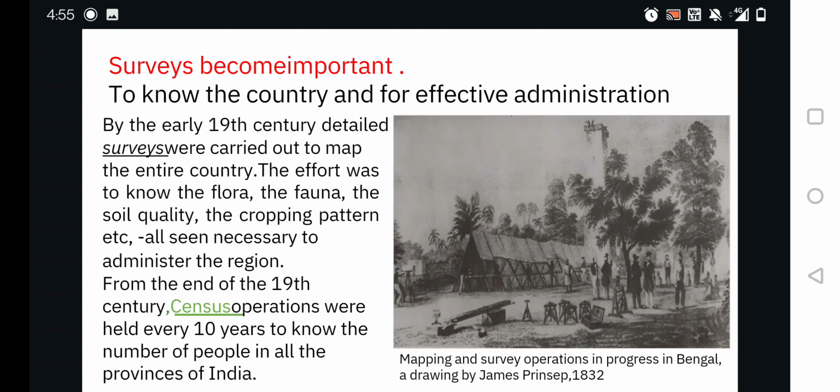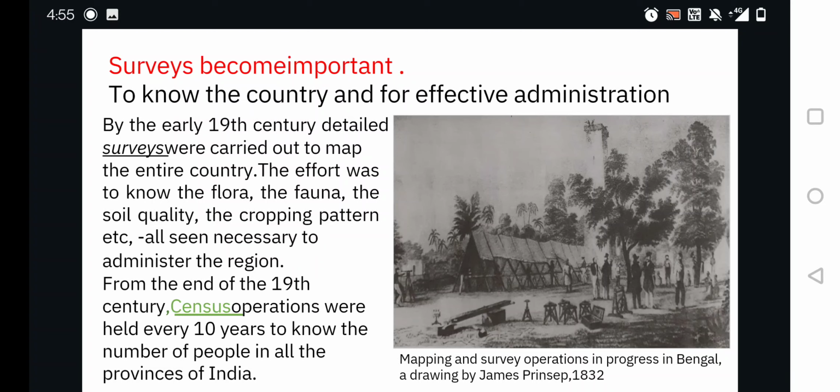Like if the counting is going on, how many people are living in one family, how many are male, how many are female, what is their age, what is their qualification, education, what is their job, everything they used to know. So this started from there. And the last census which happened was in 2011, and after that no census happened because of the corona pandemic period. Now it will happen after, I think, the election.